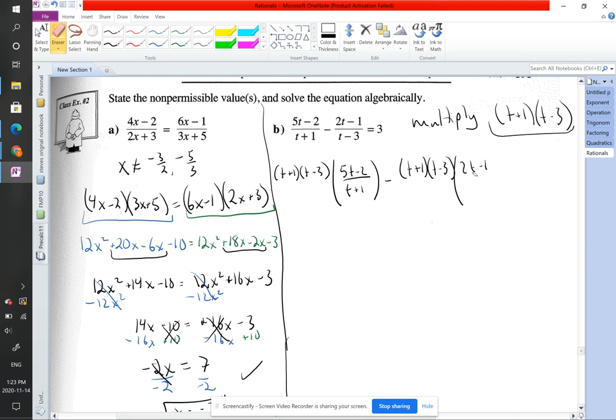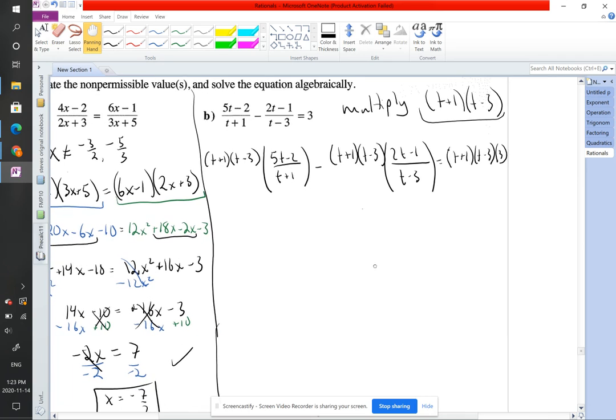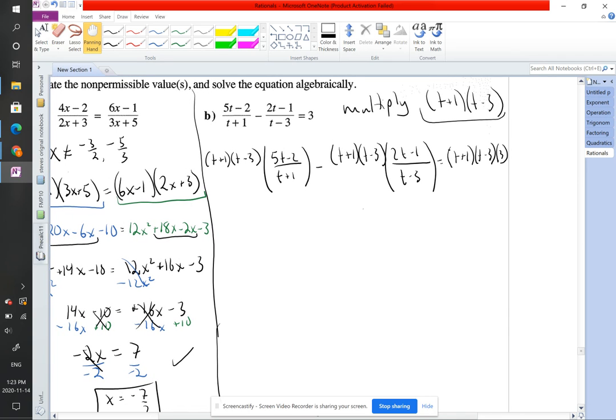I keep putting brackets on the end of there. It's such a habit. Over t minus 3, and that's equal to t plus 1, t minus 3 multiplied by 3. Let's scroll over here. Okay, does that make sense?